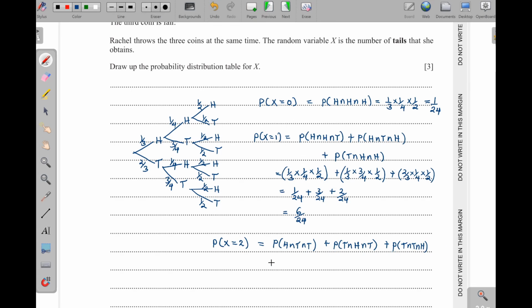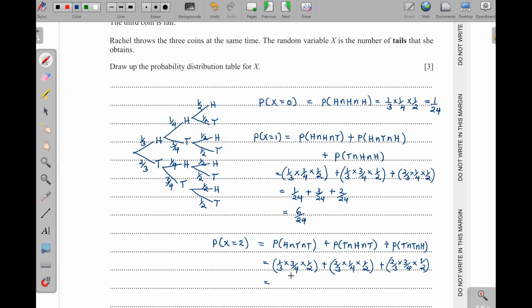Let's substitute the values. Head, tail, tail. So we have a third, then 3/4, and then a half. Then this one, the tail is 2/3, head is a quarter, and then a half. Then the tail here is 2/3, and 3/4, and then a half.